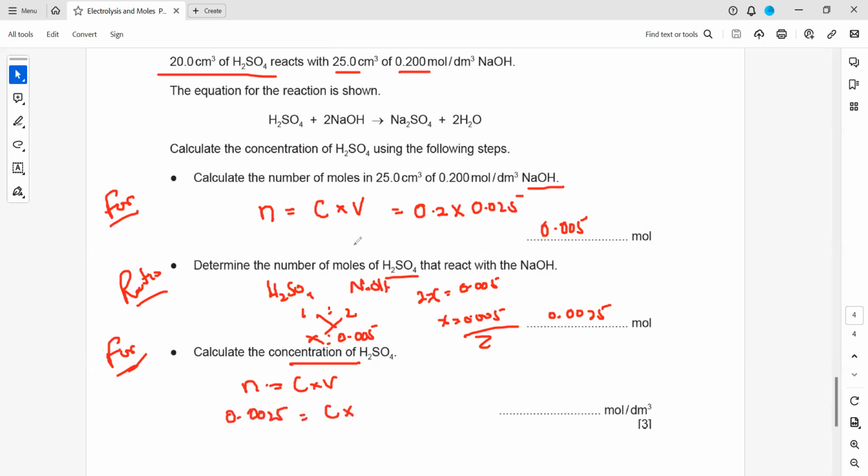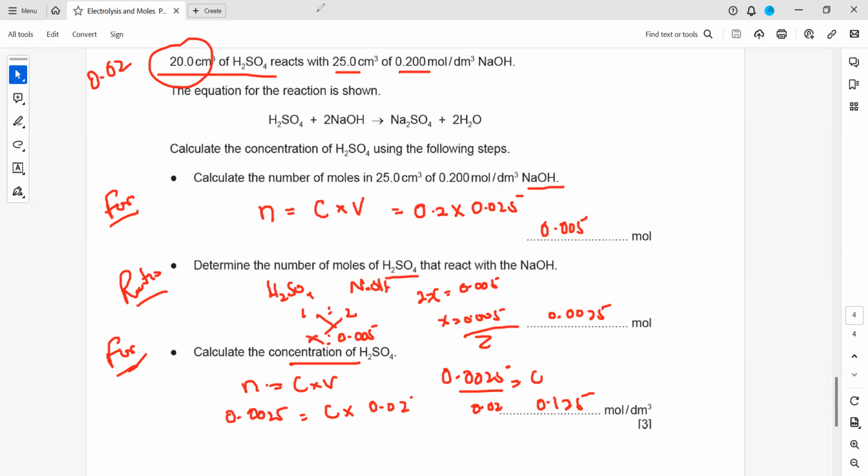The concentration we don't know, and the volume of sulfuric acid is given at the beginning of the question, which is 20 cm³, divided by 1000 gives 0.02 dm³, because the volume should always be in dm³. So 0.0025 divided by 0.02 gives the concentration, 0.125 moles per dm³.